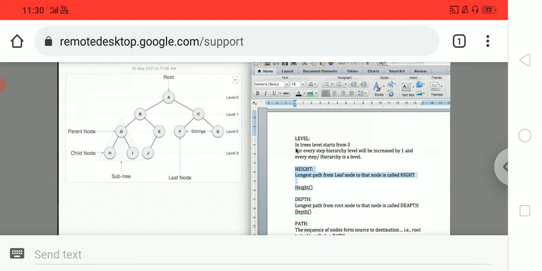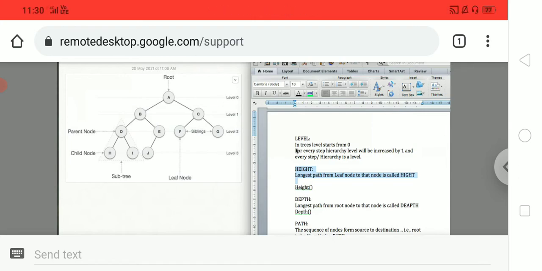But we have to take the highest side only. So when we take the B side nodes, A to B, B to D, D to H. That means the height of A is 4.